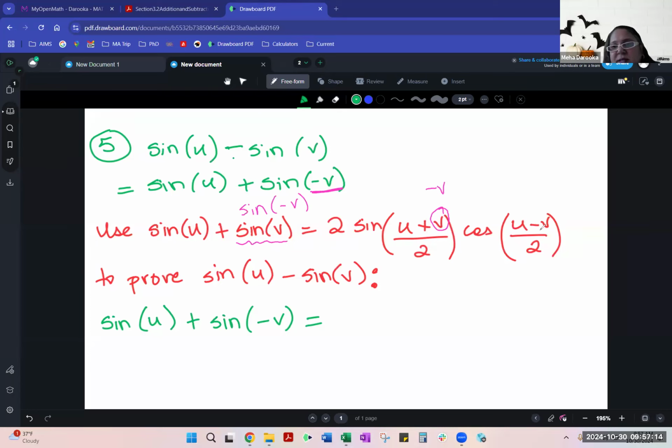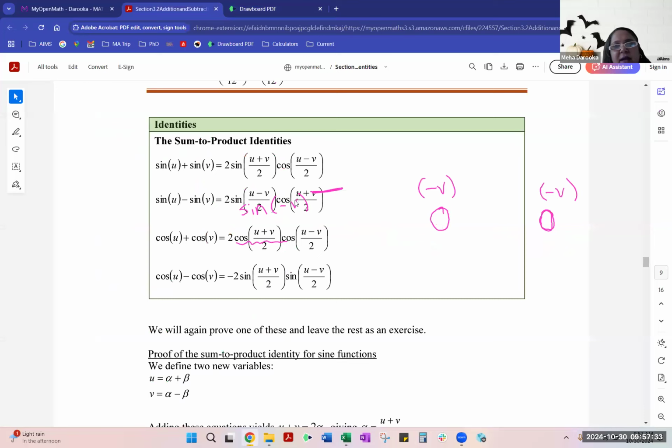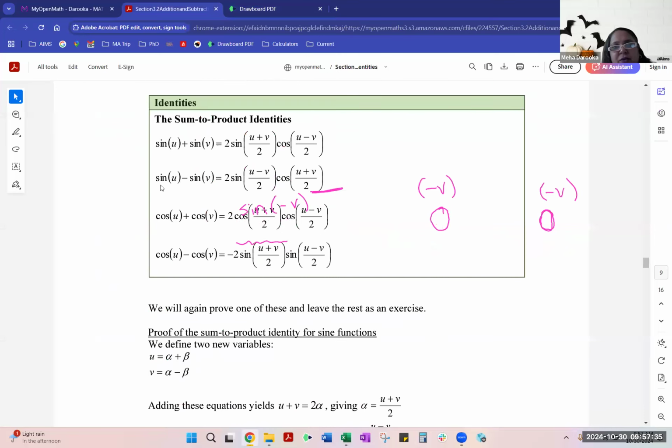Same thing with cosine of u minus v: you take that v and replace it with negative v. Then how will you clean that up so that we can prove our identity matches what we have on the right-hand side for that number 2 identity? You just have to make it look like this.